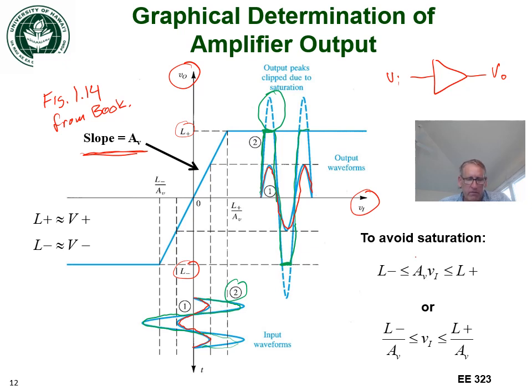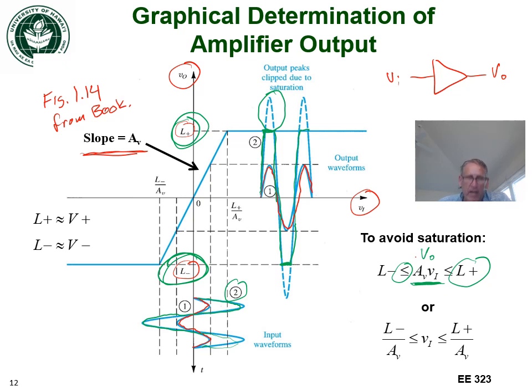This is what happens when you turn up your car stereo really loud, this is the kind of distortion you would hear. It's called clipping. And so to avoid this situation, we need our voltage gain times the input voltage, in other words, the output voltage, V out, to be greater than L minus, and we need it to be less than L plus, the maximum positive voltage.